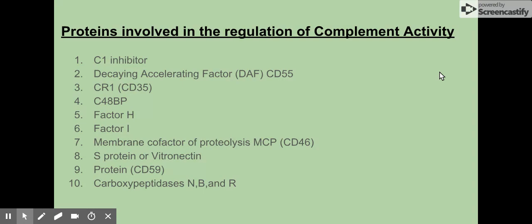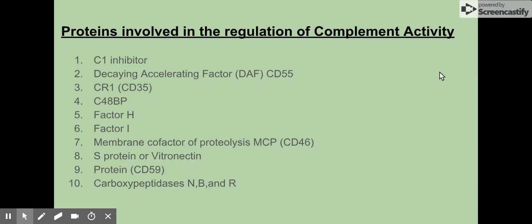Number four is the C4BP. Five is factor H. Six is factor I. Seven is membrane cofactor of proteolysis, MCP, or CD46. Number eight is the S protein, or vitronectin. Number nine is protectin, or CD59. And number 10 is carboxypeptidases N, B, and R.